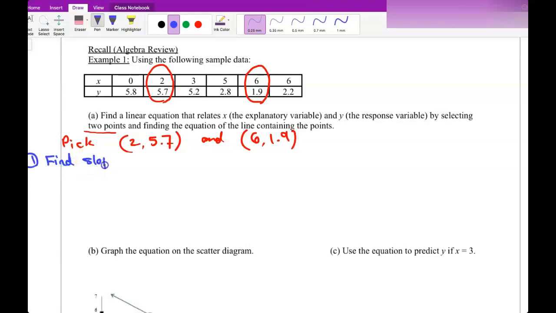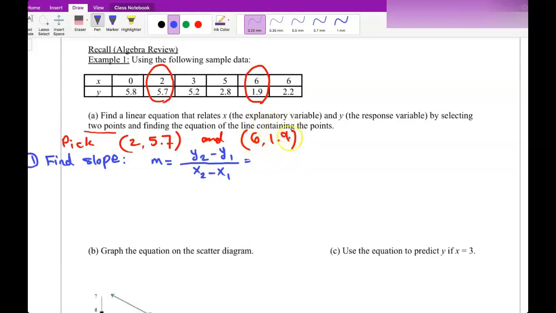we find the slope. Showing with m, our slope is equal to y2 minus y1 divided by x2 minus x1. It doesn't matter which one you choose for x1, y1 and which one for x2, y2.